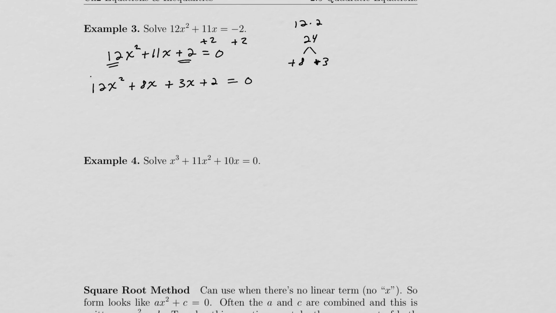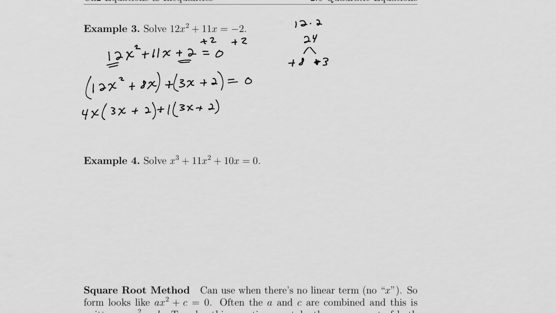Then remember the next step is to group, right? Because we have 4 terms, so we group. Factor out as much as I can from that first group, which in this case is going to be, I can pull out 4x. And I'm left with 3x plus 2. And hopefully I'm left with 3x plus 2 if I factor something out of the second group. And actually, since I already have 3x plus 2, the way to think about it is really you factored out a positive 1, right?